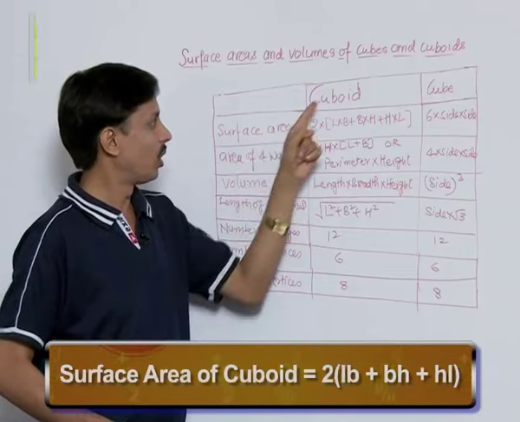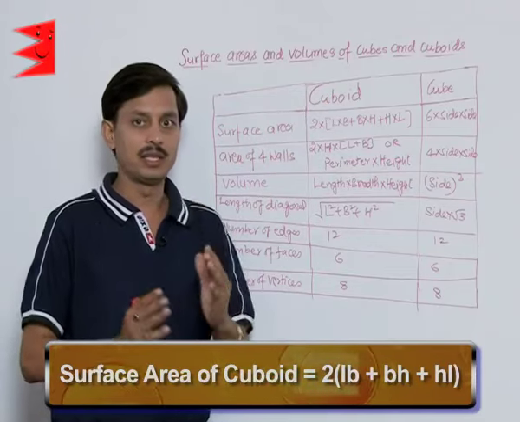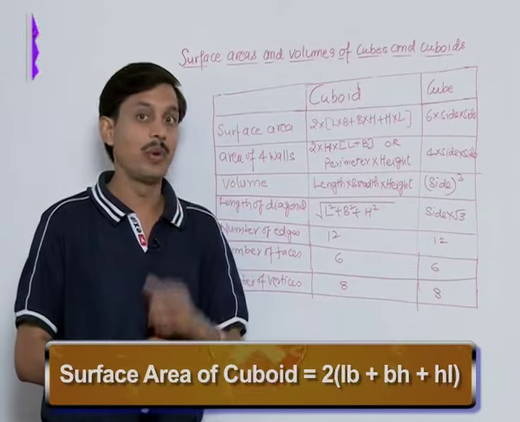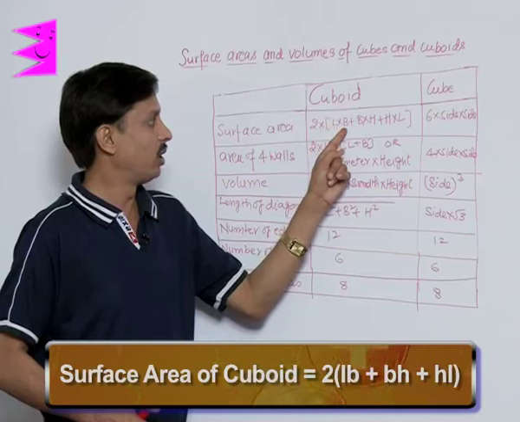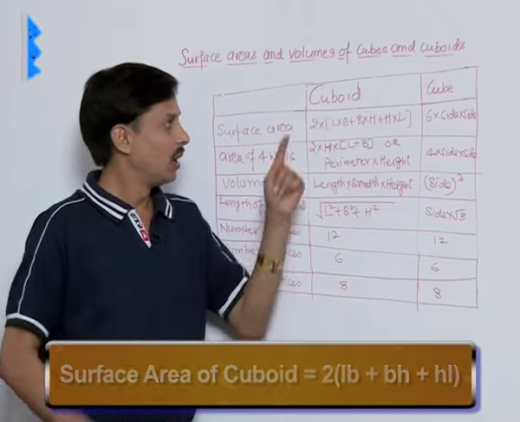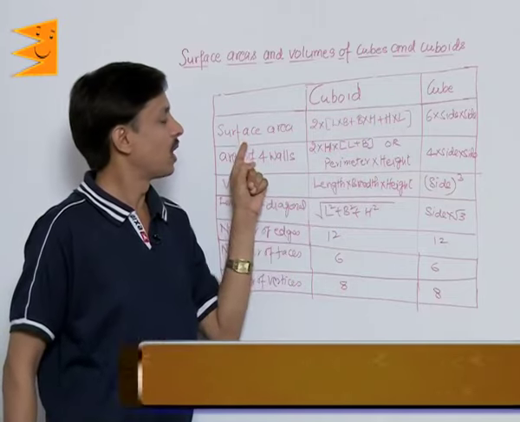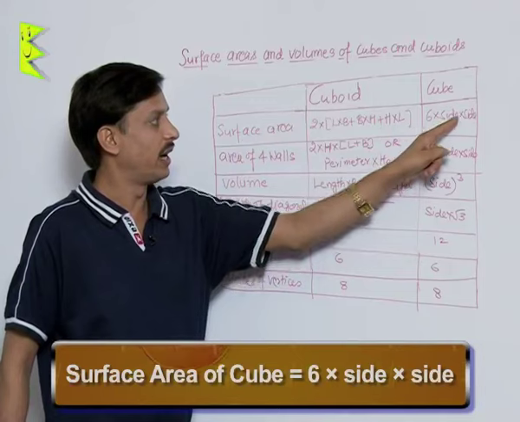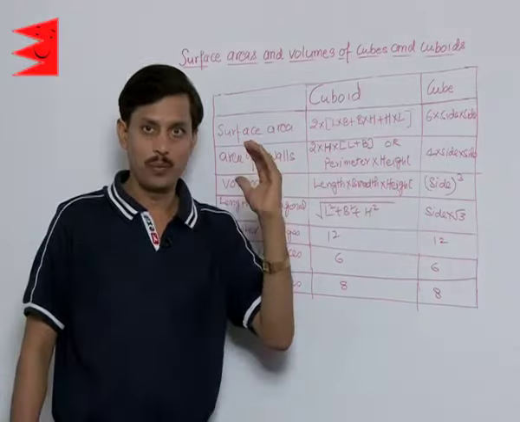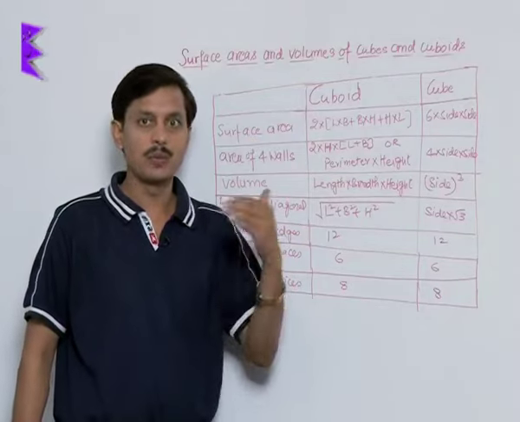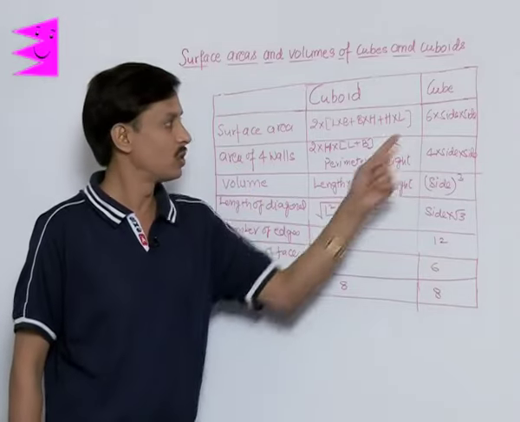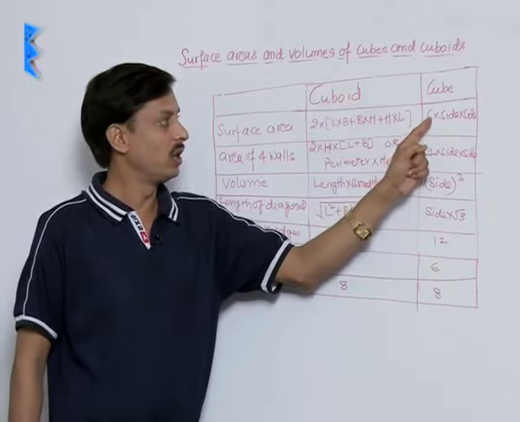Surface area of a cuboid, that is the area of all 6 faces, is 2 into (length into breadth plus breadth into height plus height into length). But in case of a cube, surface area becomes 6 into side squared, because all 6 faces of a cube are identical. So, it is 6 into side squared.